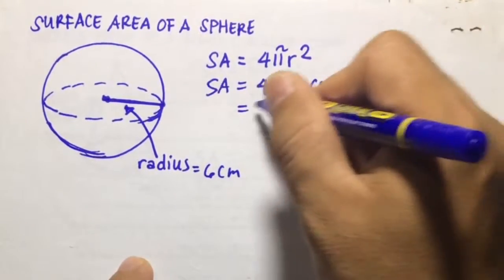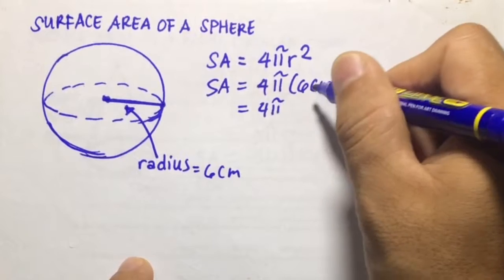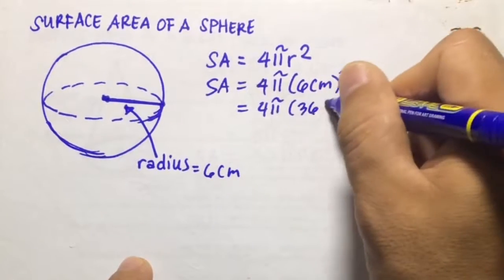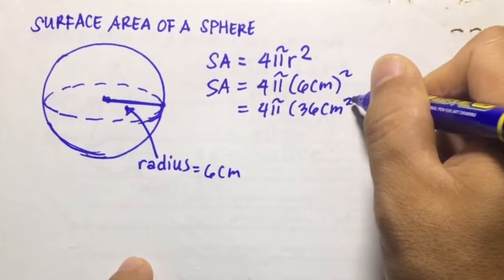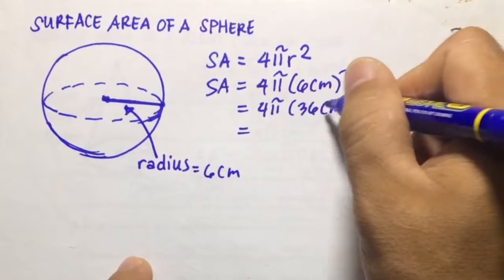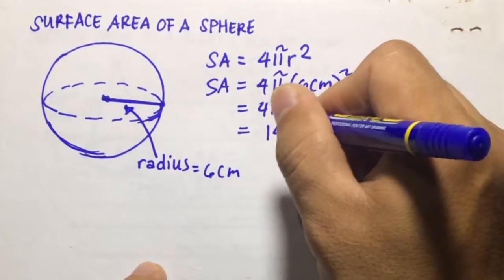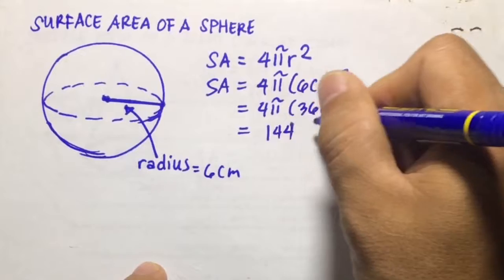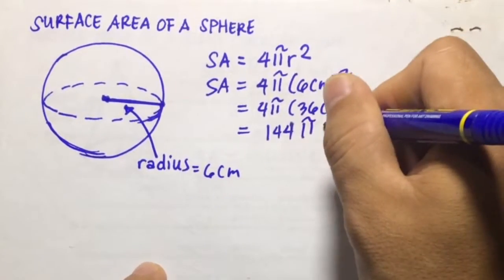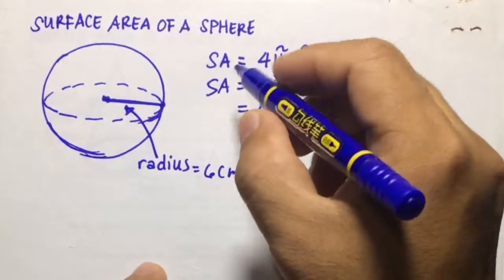Then 6 centimeters squared is equivalent to 36 cm squared. Then 36 times 4 is 144. So we're going to have 144 pi cm squared.